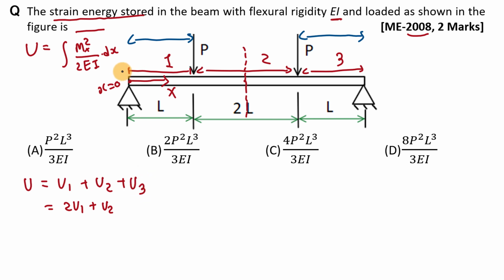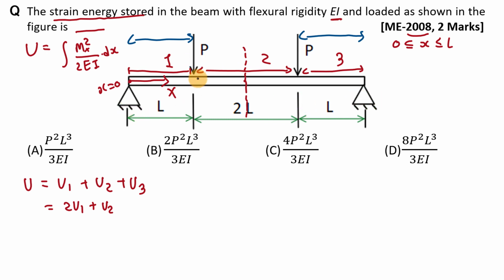Now see, here we have to find out Mx, means bending moment as a function of x, right? So first of all we will find value of this bending moment in this first interval, that will be interval 0 less than or equal to x less than or equal to L, right? And in this interval, if we want to find out bending moment, then first of all we have to find out reactions at these two ends, right?